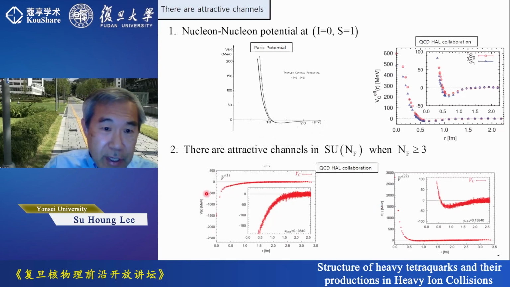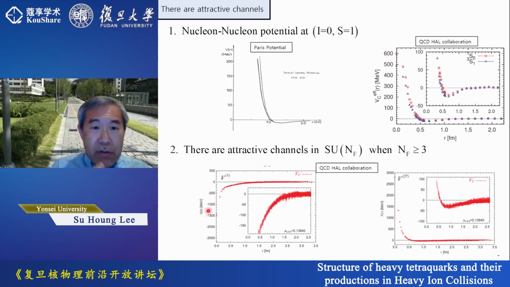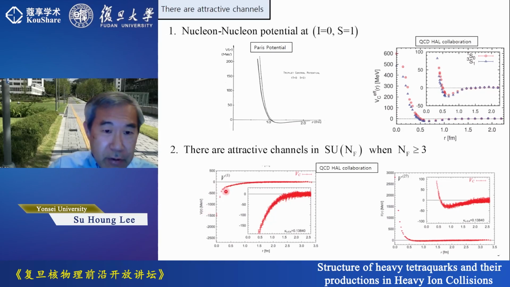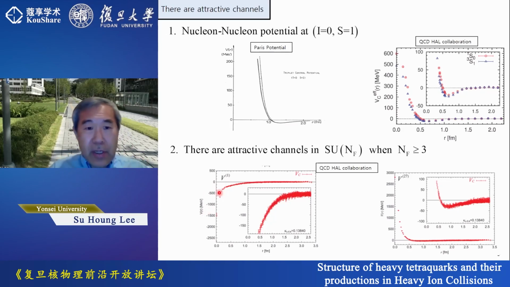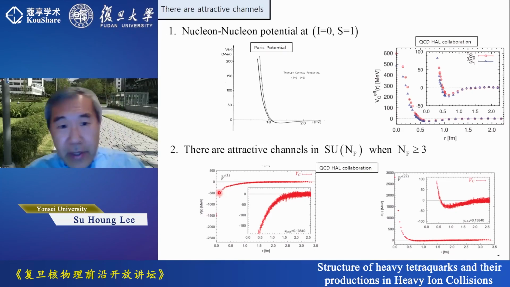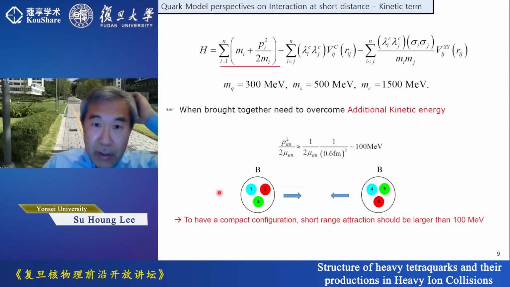Therefore, if there is any hope of observing a multiquark or a two-baryon state, it would be in the channel where the two baryons, when you put them together, have an attraction. Then there's hope that we will have a compact configuration.